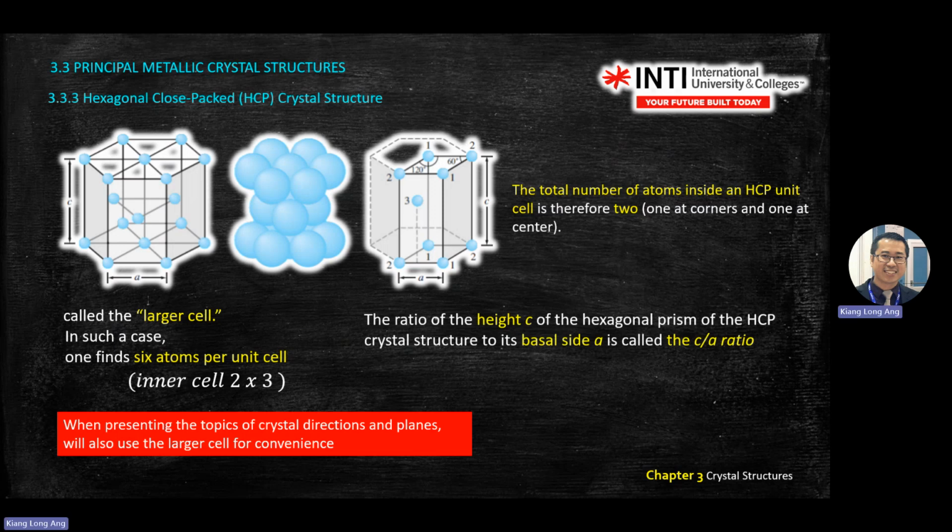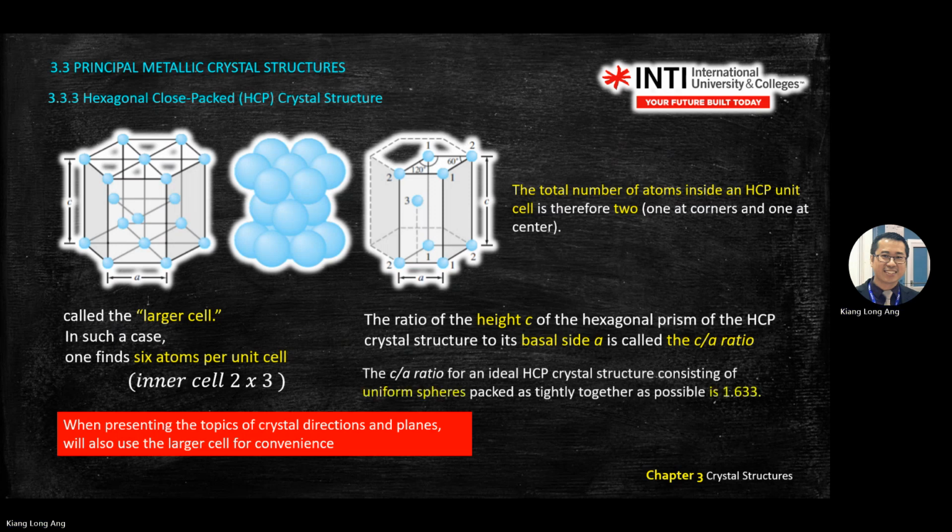So the height C here is in a ratio based on the side A. How to find the C? There's a table just now that gives you the ratio of C over A. This value is from the table. You refer to the table. The ideal number for C over A is 1.633.